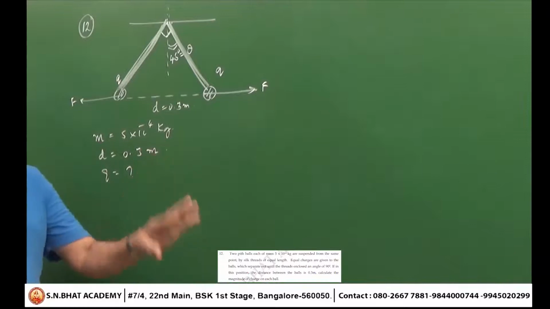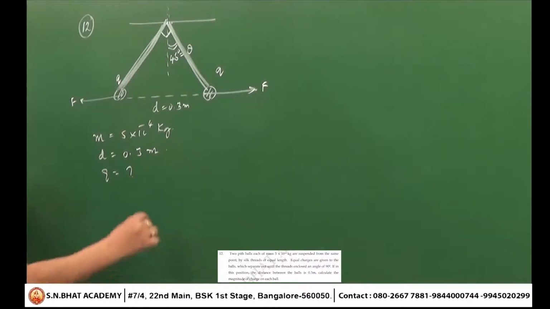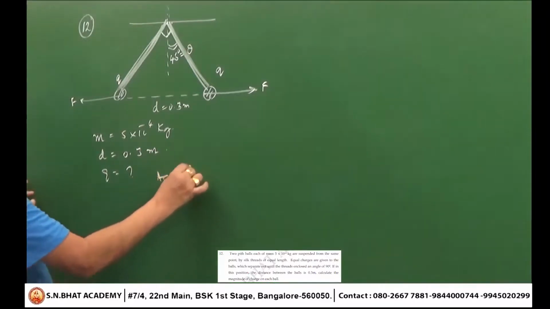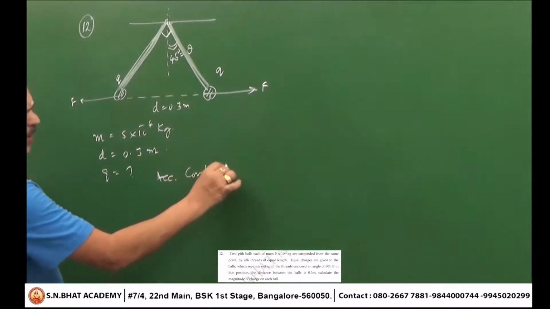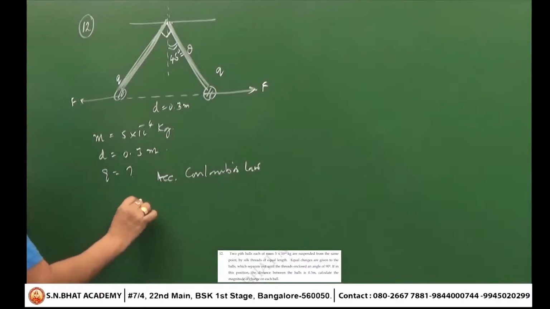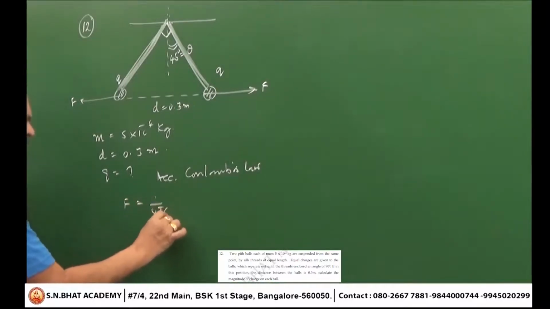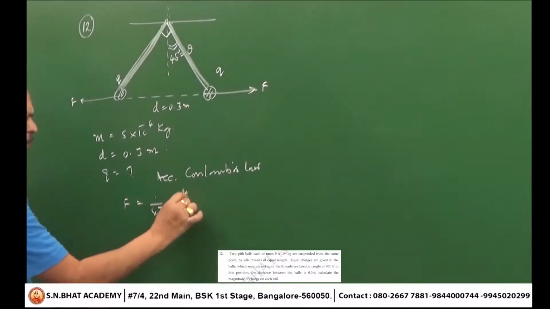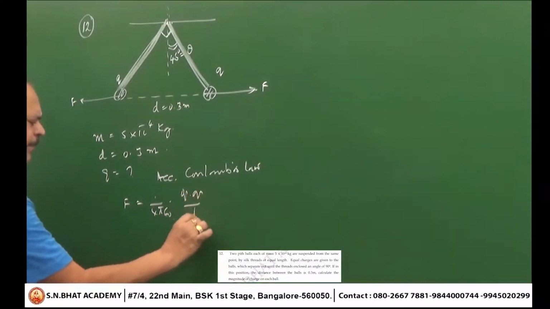It's the same problem what we solved yesterday, that according to the inverse square law, Coulomb's law, Coulomb's inverse square law, so you are calculating the force between them as 1 by 4 pi epsilon naught into Q divided by d square.